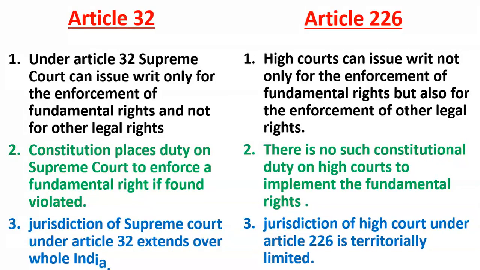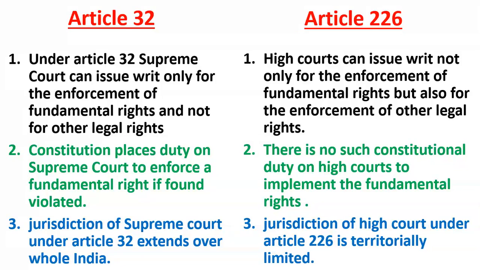In the last class, I told you that Article 32 provides the Supreme Court the power to issue writ, and Article 226 provides High Courts the power to issue writ. So in this slide, we will try to compare the two. So friends, let's move further.